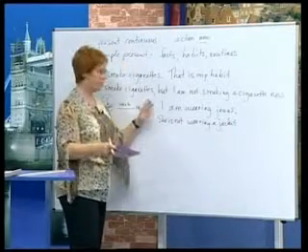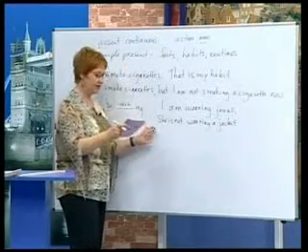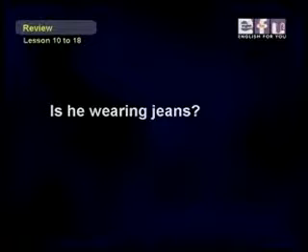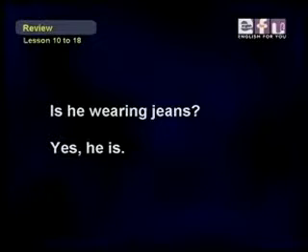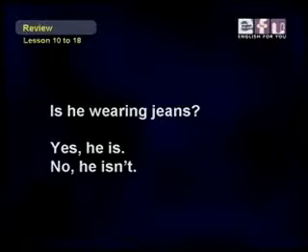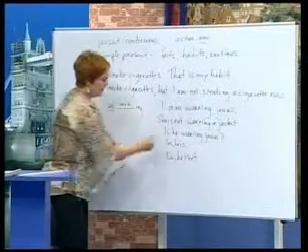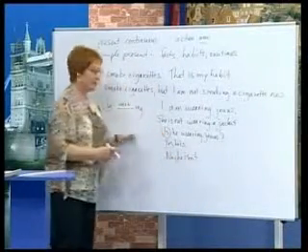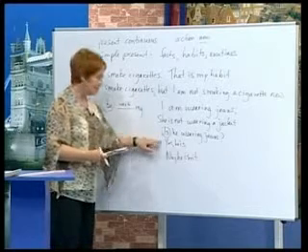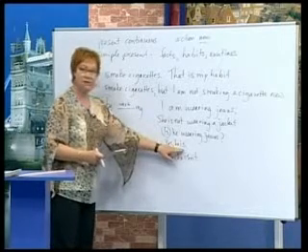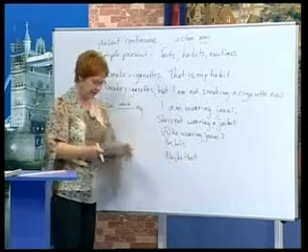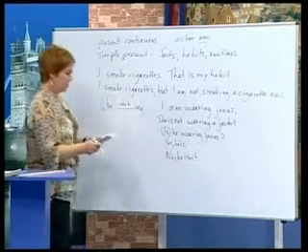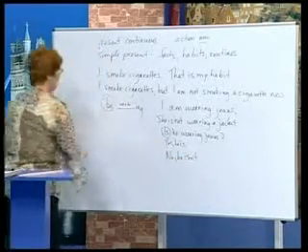Here's the question. Is he wearing jeans? Yes, he is. Or no, he isn't. Now remember, if the question begins with a be verb, it's a yes-no question, and you answer with the right be verb. Okay? Now, we can also ask information questions.